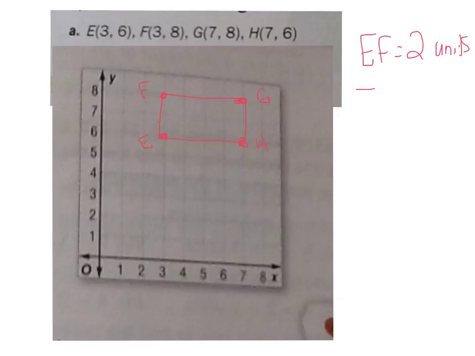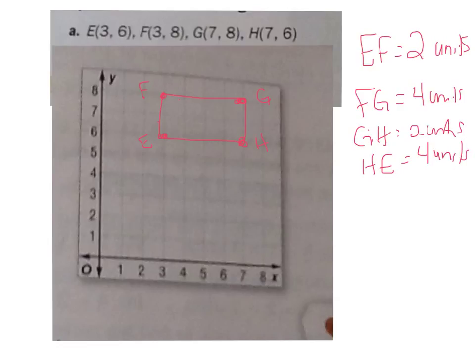From F to G, 1, 2, 3, 4, so I have 4 units. And if you do G to H, it should be the same, and H to E or E to H should be the same as FG. Same units every time.